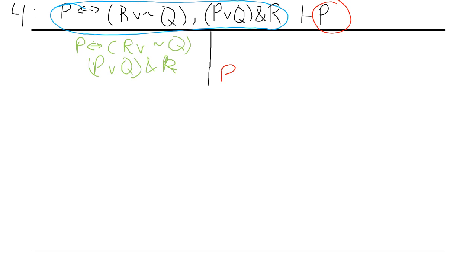So let's focus on the first premise up here. What's the main operator? Well, we have our parentheses here telling us that's one whole thing. So that means that the double arrow is conjoining the P and the R or not Q. What makes a double arrow true is if they both match. So wherever they both match, P and then R or not Q, if they're both true or they're both false.